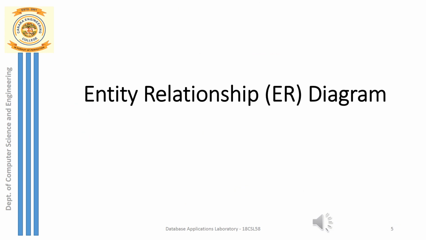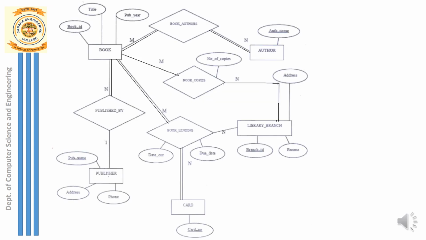The next part is the entity relationship diagram, or we can also call it the ER diagram. Let's see the representation of this library database with an ER diagram. You can note here every entity must be represented as a rectangular box.